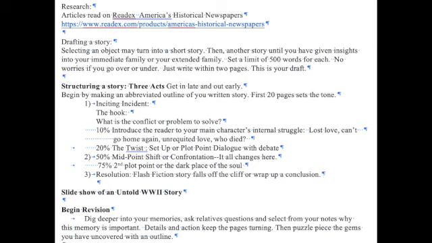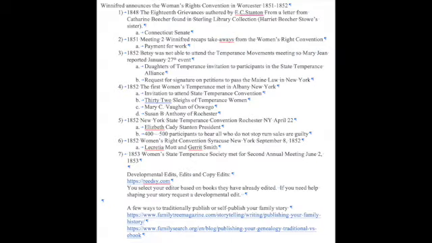So I went to Reedsy, which is out of England, where you can pick your editor. And even though I already had a contract with a publishing company, I picked an editor that had already published books with the themes that I was working with.